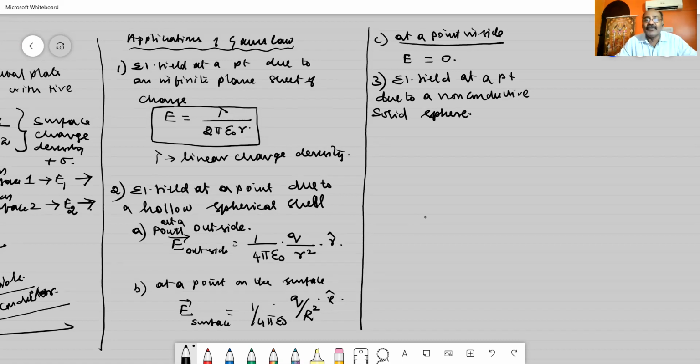In case of a non-conducting solid sphere, here also we have taken 3 cases. A, electrical field E at a point outside. In this case, we know that the electrical field E is equal to 1 divided by 4 pi epsilon 0 Q by R square.